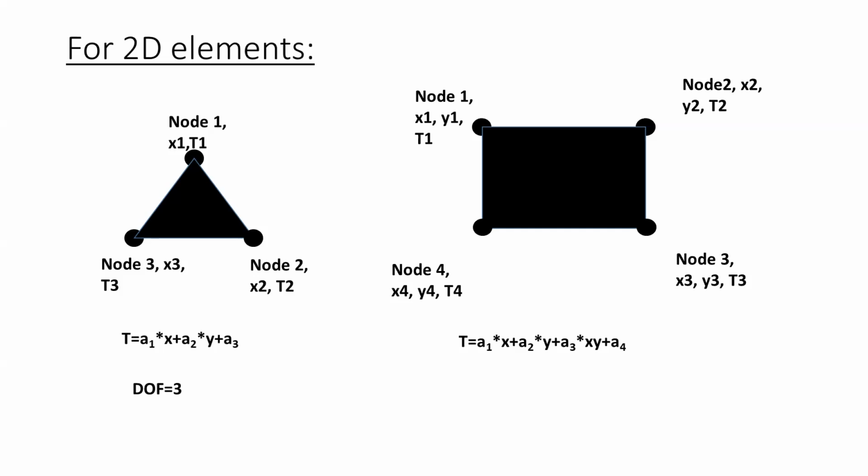There are actually some rules which are supposed to be followed for the polynomial which is going to be used for representing the variation of the unknown within the element. In this sense, there are no terms of x square, no terms of y square, and things like that.